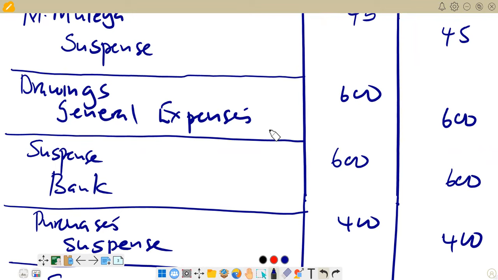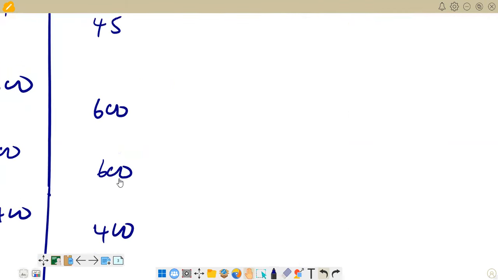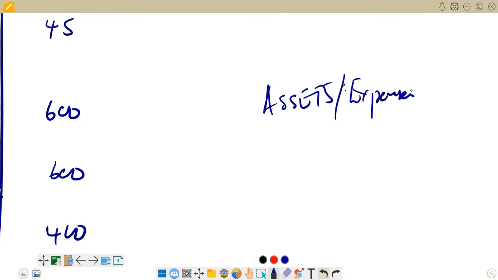But basically, what we know is that for all assets and expenses, we can just summarize it as assets, expenses, drawings.